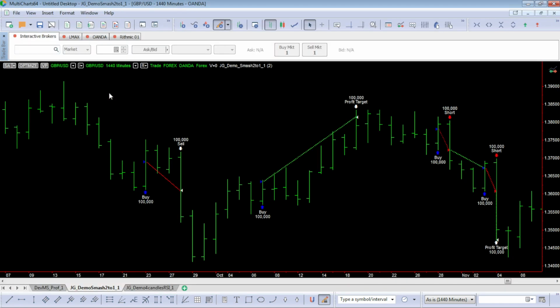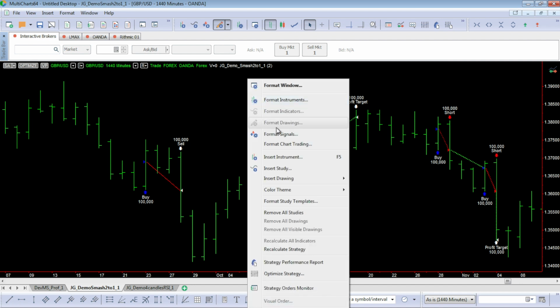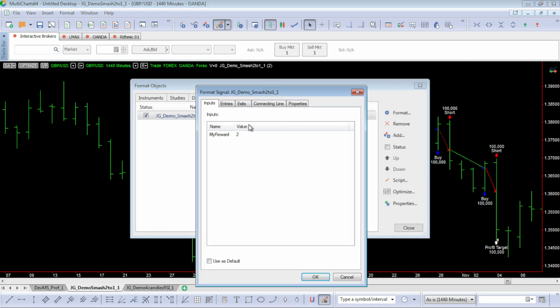Now, I think I mentioned that this strategy will also work with a 1.5-to-1 or maybe a 3-to-1 reward to risk ratio. So let's change that to 1.5-to-1. The way I've programmed it, I've set up this simple little input here, which I can adjust the reward really easily.